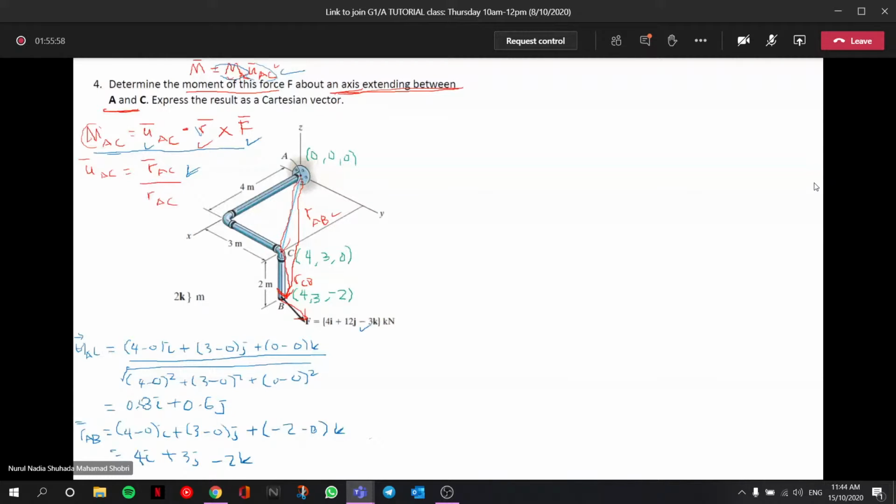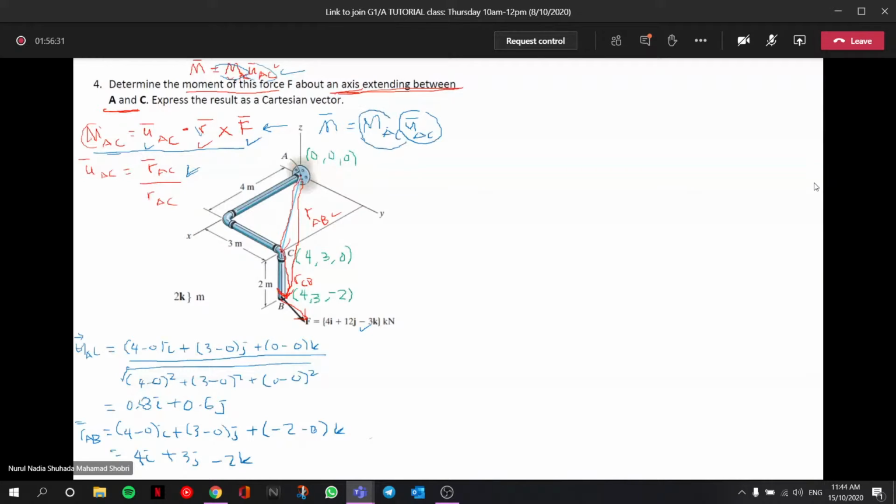Why do we need vector R? Because of this equation. To find the moment of this force, you have to use this formula. For this part, we already found the value, and for this part, we don't know the value yet.